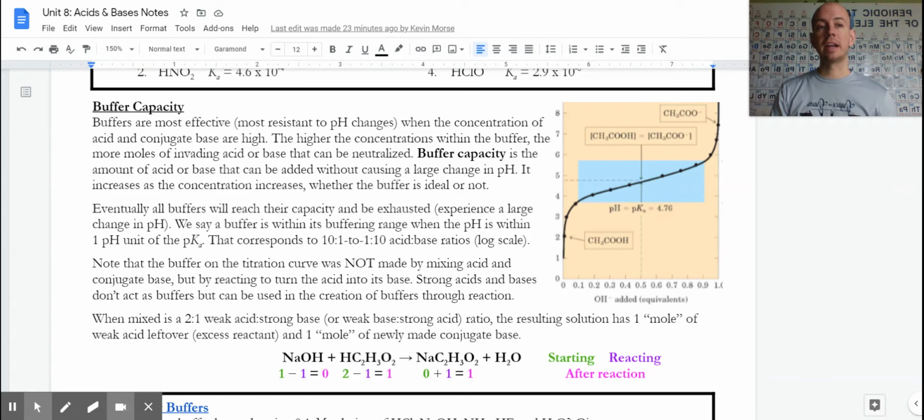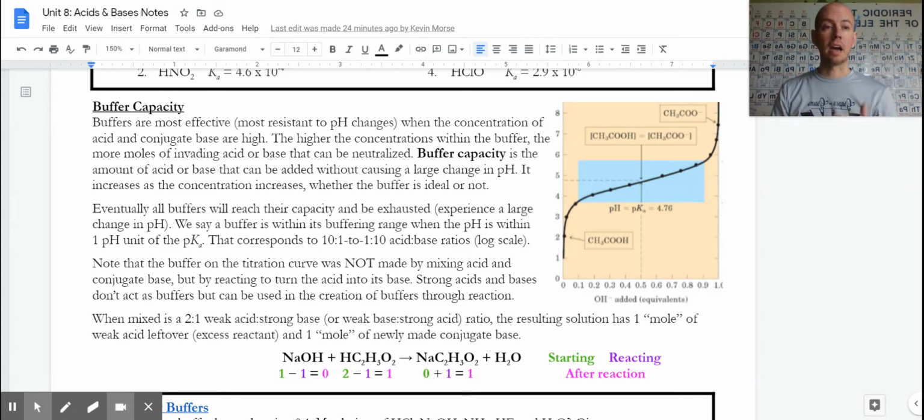Eventually, if we keep adding strong acid or strong base to a solution, we will get to a point where we have an excess of hydrogen ions or an excess of hydroxide ions that would make the pH go very high or low. Buffers are defined as buffering, or within their buffer capacity, if they can keep the pH within 1 pH unit of the pKa.